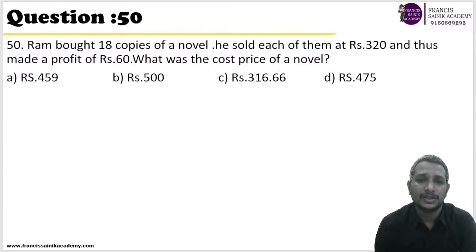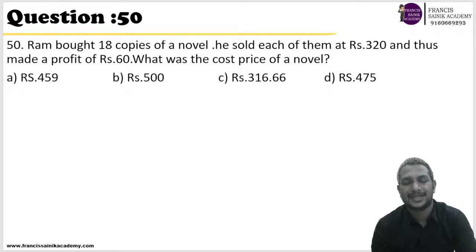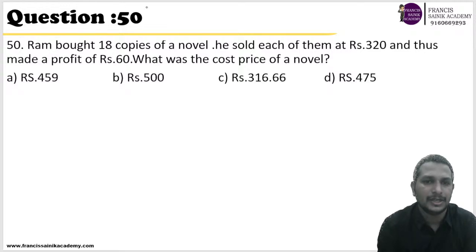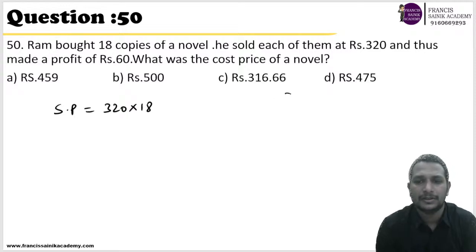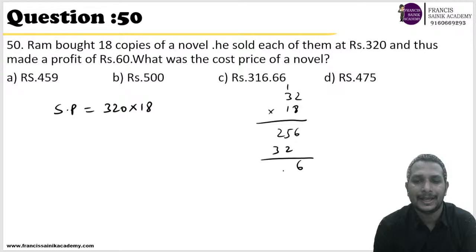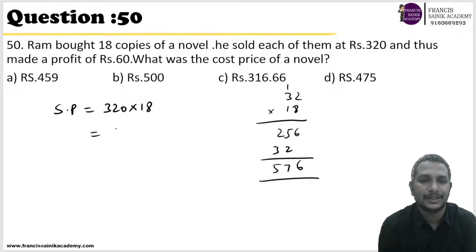Last question. There are 18 copies of a novel, and the total price is made up of 60 price. Here, for each of them, all the 18 copies, we get the selling price.